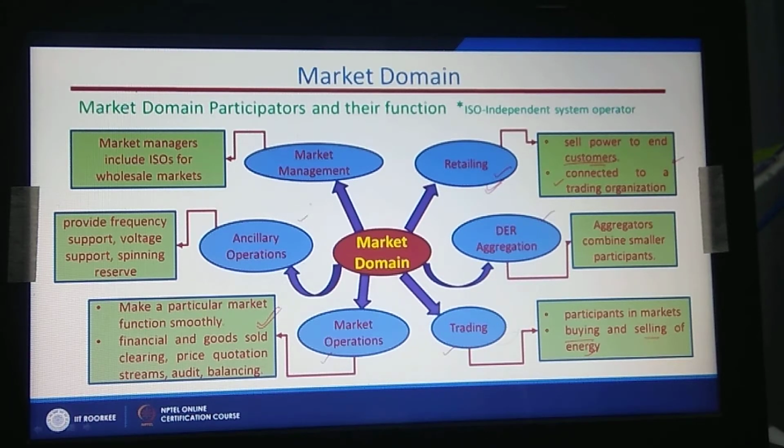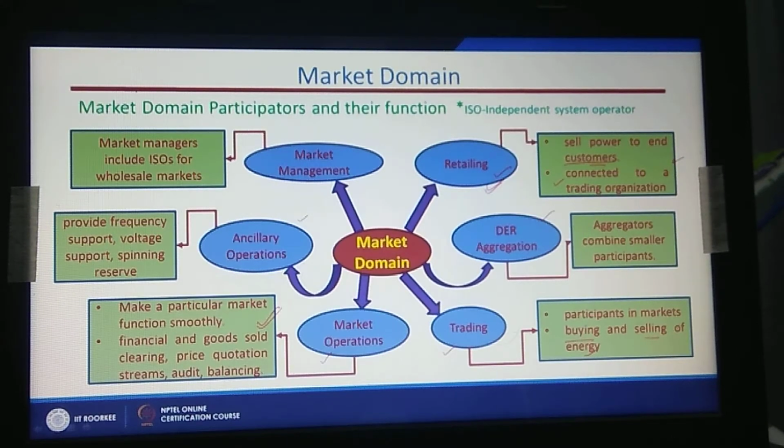Coming to market management, because every system should have some management system, this market management is there to manage the ISOs. ISO means the independent system operator. This market management component of the market domain helps to manage the ISOs for their wholesale markets. So these are, in brief, the functions of the market domain.